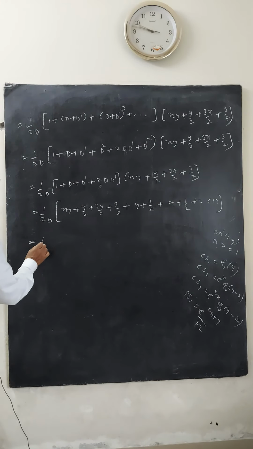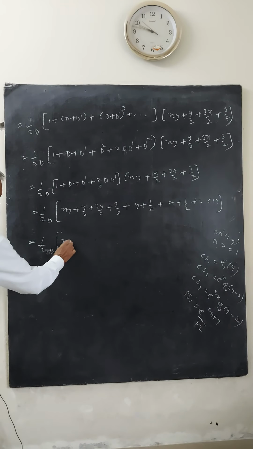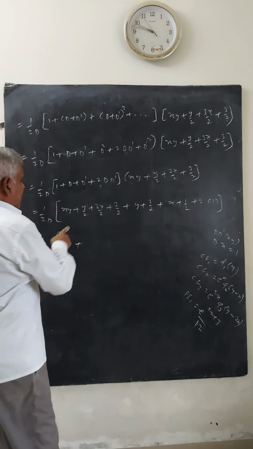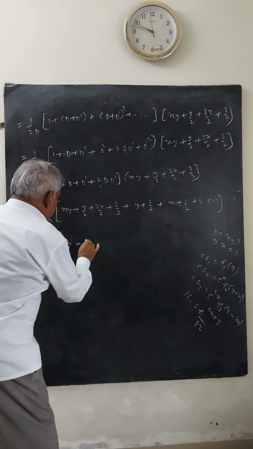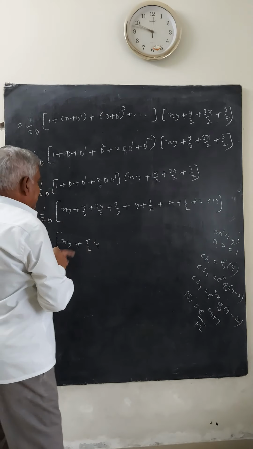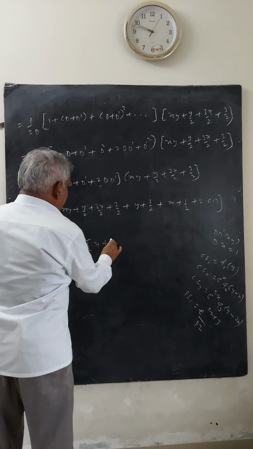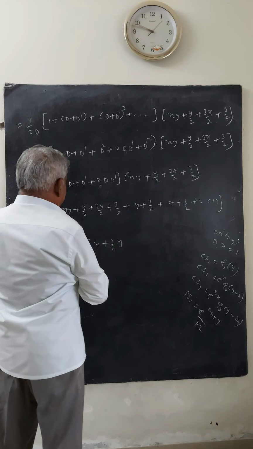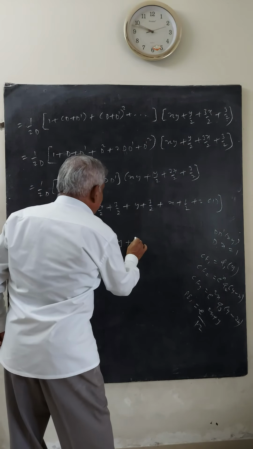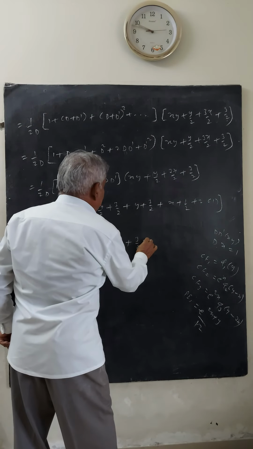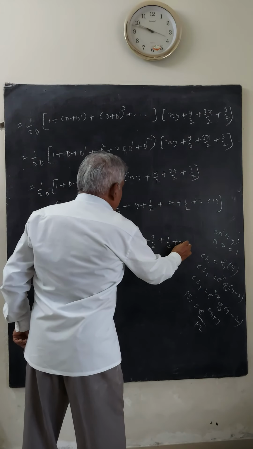Therefore, 1 by 2D of xy plus 3 by 2x plus 1, 5 by 2x, y by 2y plus 1 plus 3 by 2y, 1 by 2 plus 1 is 3 by 2, plus constants of 3 by 2, 1 more 3 by 2 plus 1 by 2 plus 2.